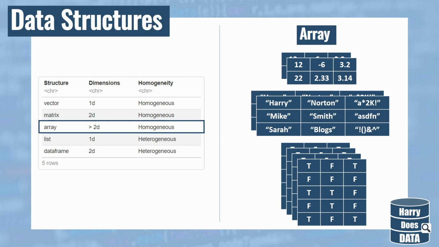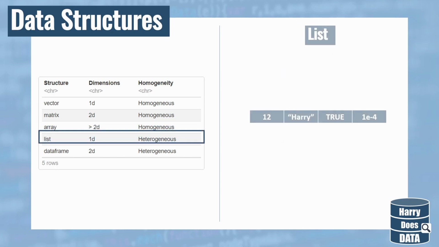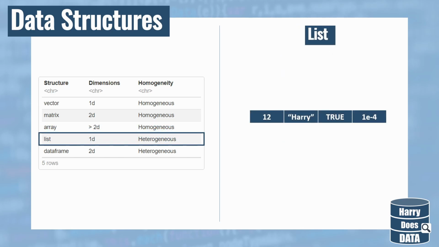All of these 3 data structures, vectors, matrices and arrays, are vital to many different statistical methods. But when it comes to data analysis, it's often necessary to store different types of data within a data structure, and this is where lists and data frames come in. So lists are essentially the heterogeneous version of a vector. Here you see a list containing numerical, character, and logical data all within one data structure.